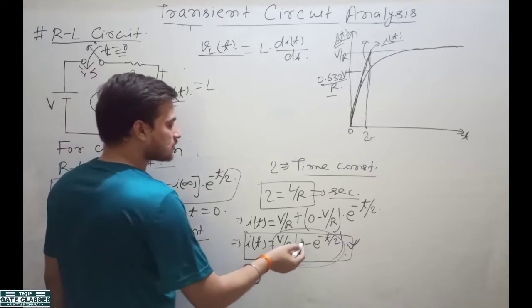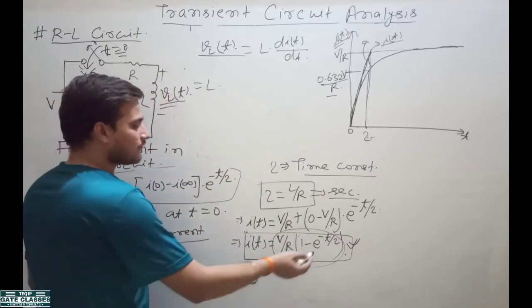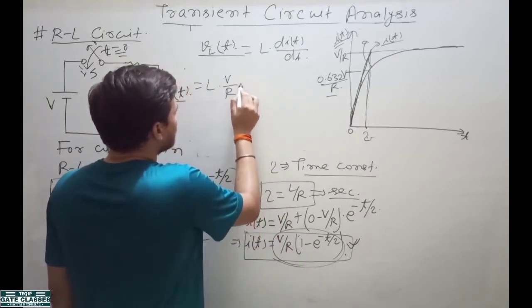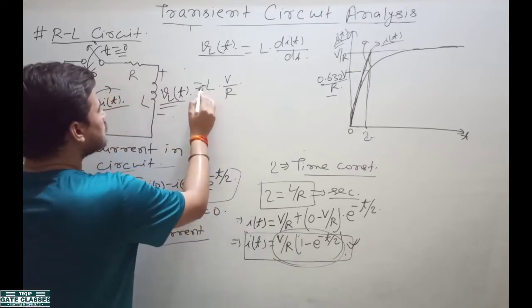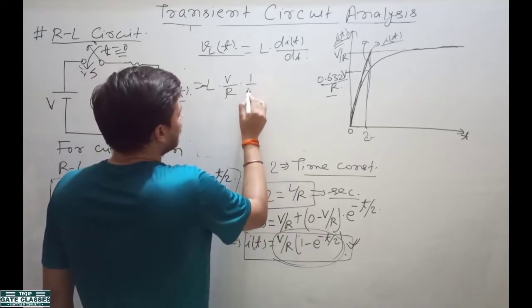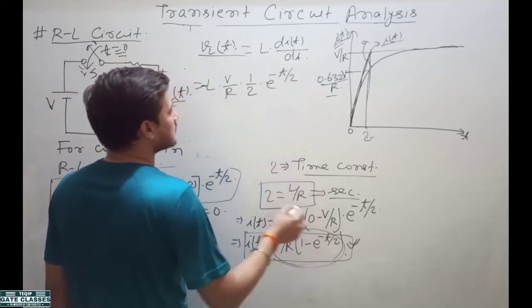The first term 1 is constant, its differentiation will be 0. So I am differentiating the second term, so here it will be V by R into minus sign that is already there, minus L into V by R into 1 by tau into e to the power minus t by tau. This will be the differentiation of the first term.